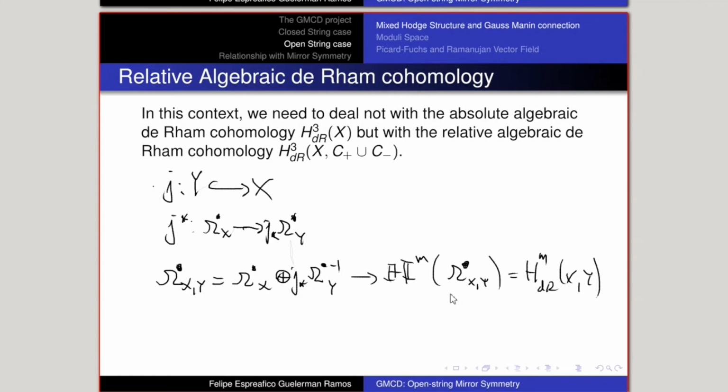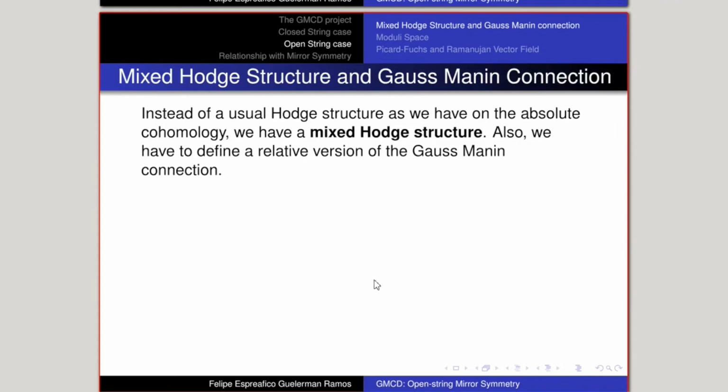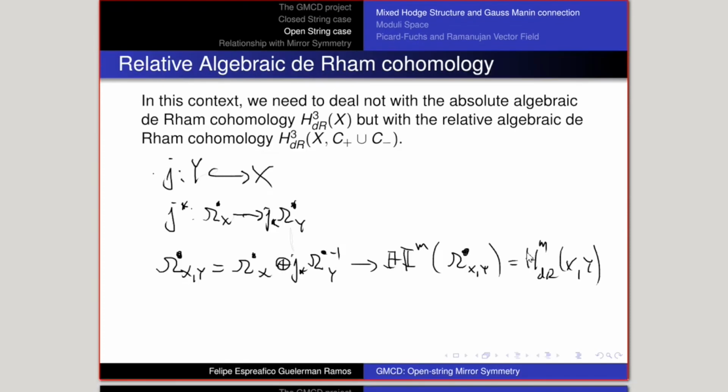Of course, this induces a long exact sequence in cohomology, as usual, and everything nice about relative cohomology. And also another problem is that, two problems actually. Instead of a usual Hodge structure, we don't have a Hodge structure here.